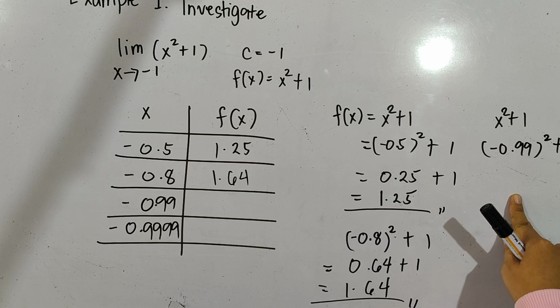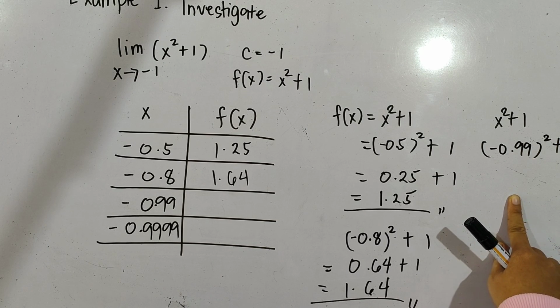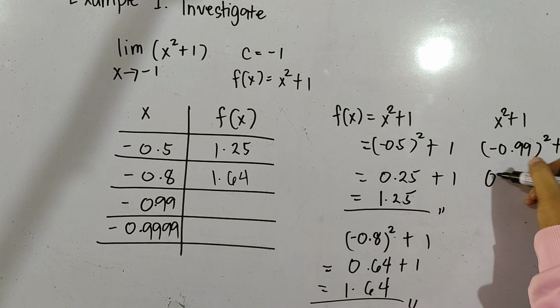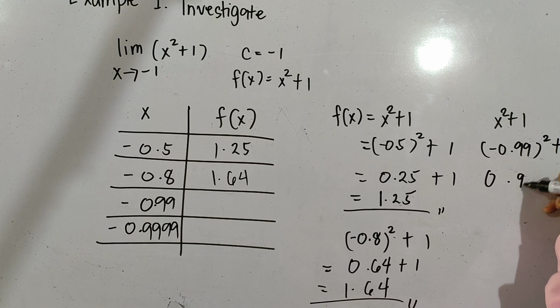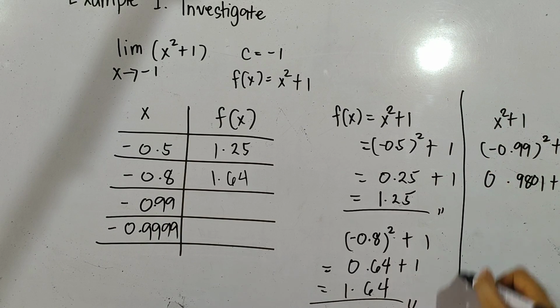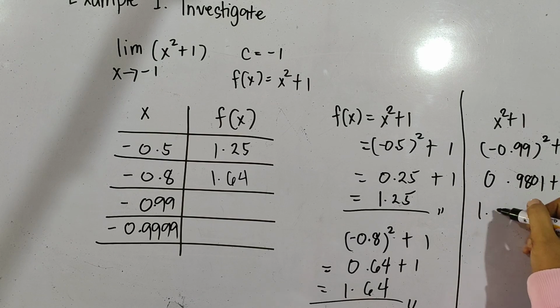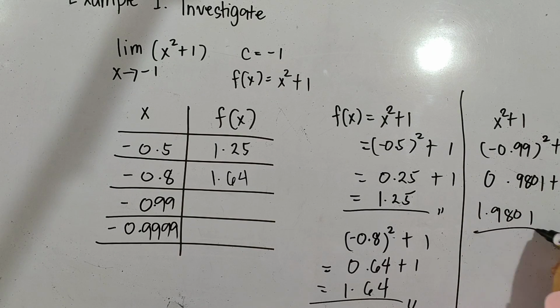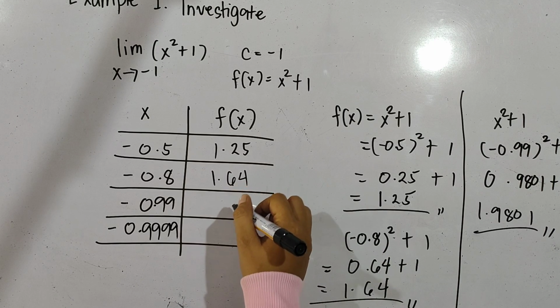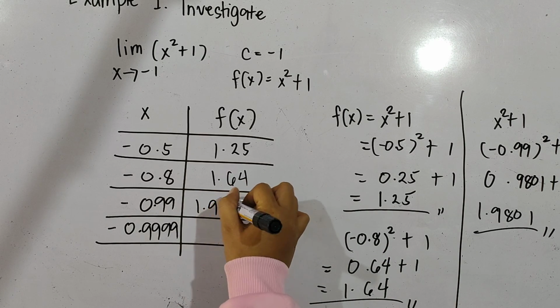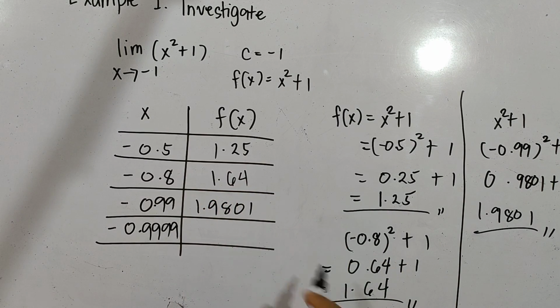Negative 0.99 raised to the power of 2 is 0.9801 plus 1. So 0.9801 plus 1 is equal to 1.9801. So this is the value of our f of x, 1.9801, if our x is negative 0.99.